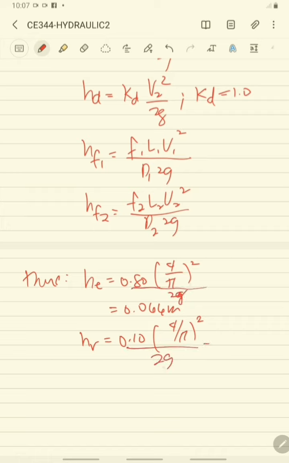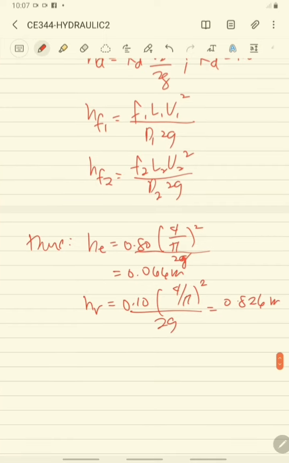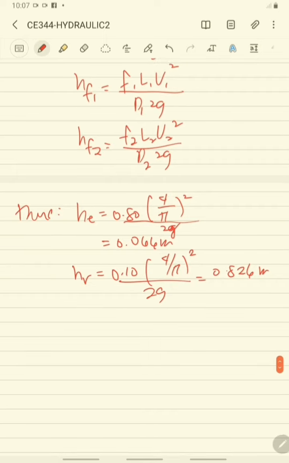So you have 0.826 meters. Then we have HC, so we have 5 times 0.566 squared over 2G, where G is 9.81.